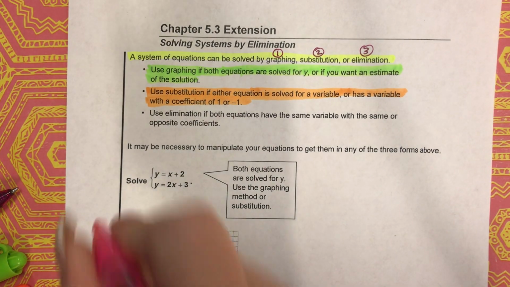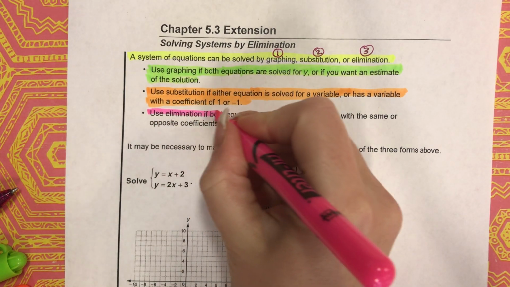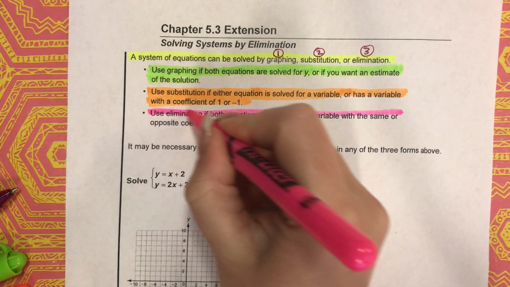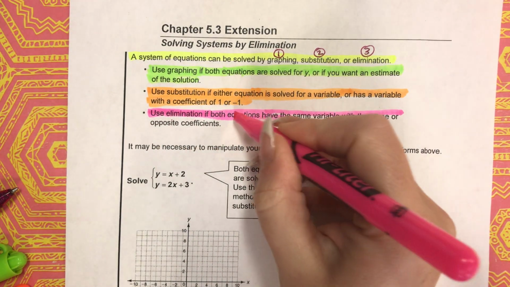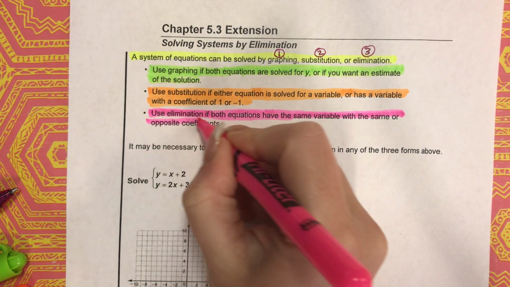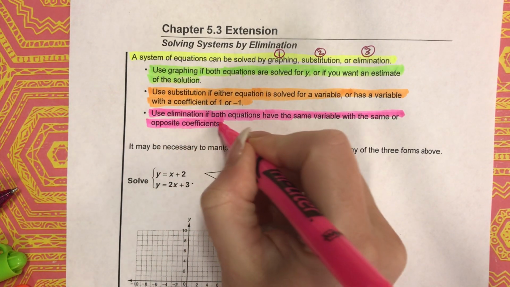And then finally, elimination. Use elimination if both equations have the same variable with the same or opposite coefficients.